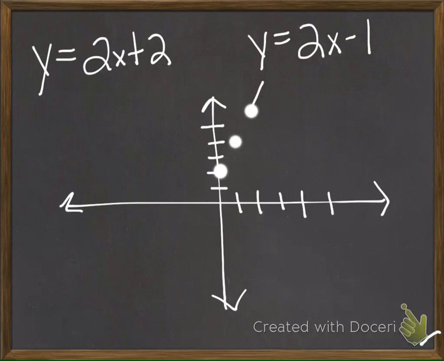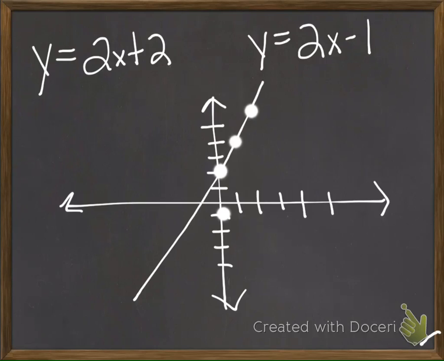That was pretty good. Okay? Now we graph our second line, 2x minus 1. What's our y-intercept? Negative 1. But before we even graph it, what do we see about the slopes?